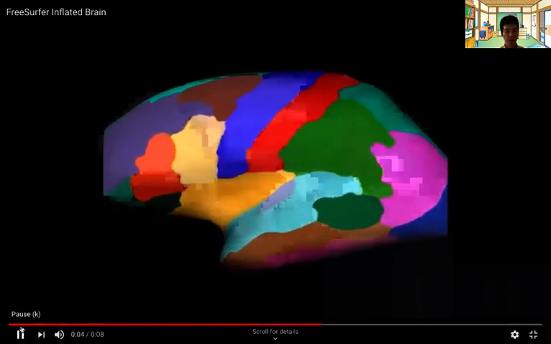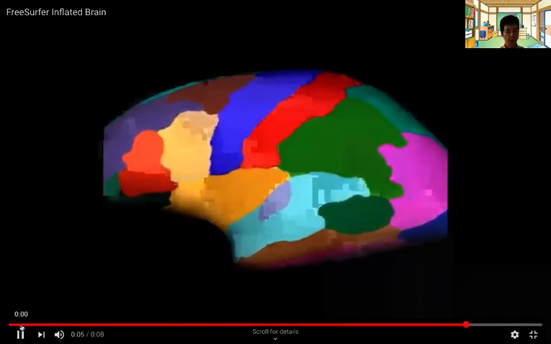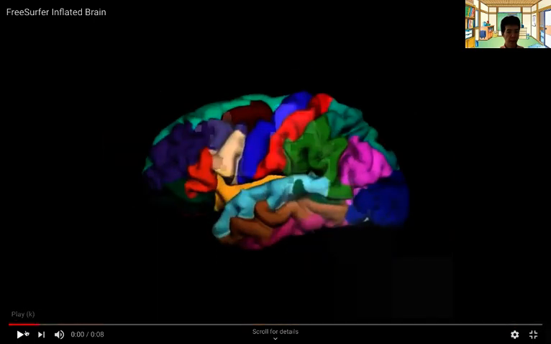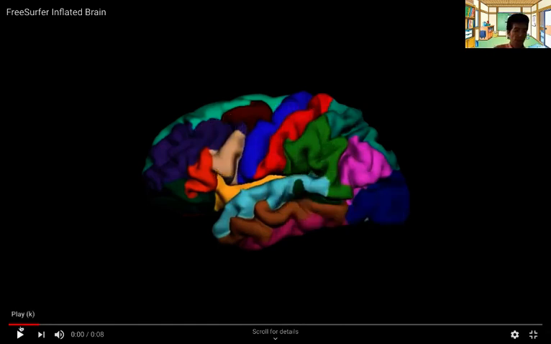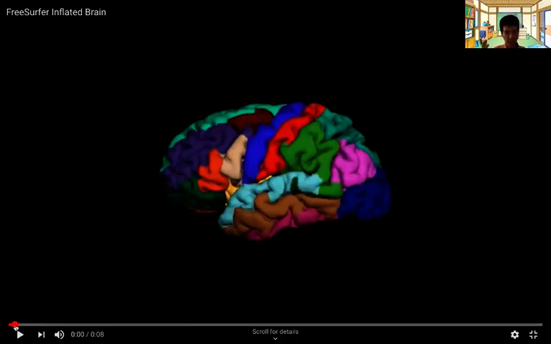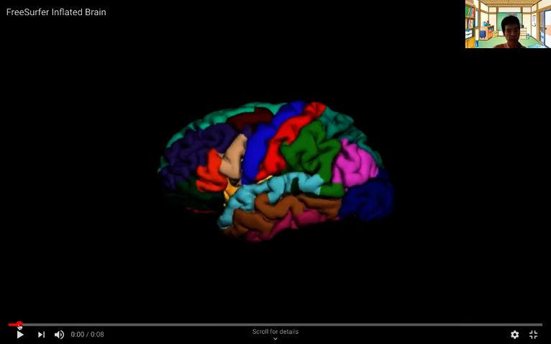So this is an image taken from MRI, and initially it removes all these non-cortical surface areas computationally, and then it tries to inflate the brain as if it were a balloon.